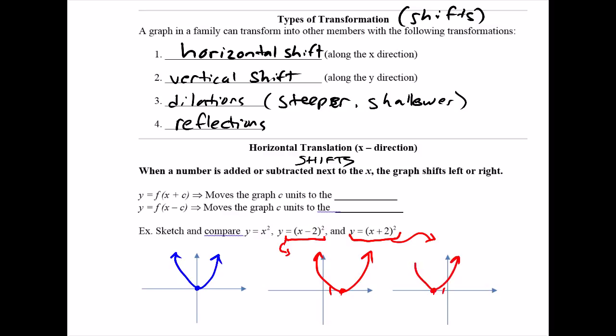So, if our C is positive, which direction does it move it? It moves it to the left. Now, if our C is negative, which direction did it move it? It moved it to the right. So we have right and we have left.